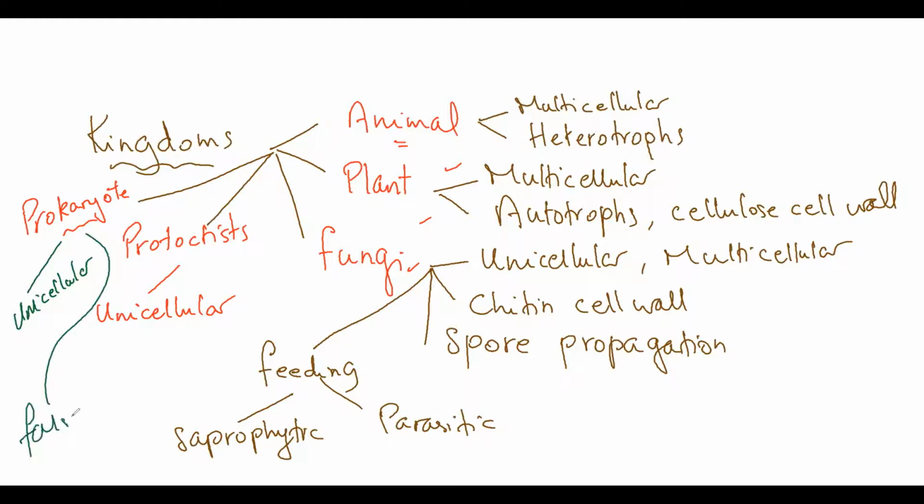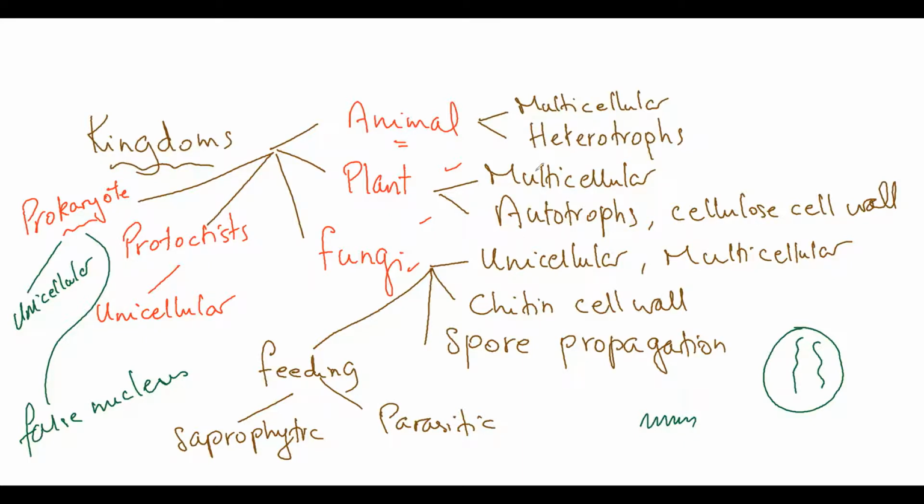False nucleus. Because we know that the DNA molecule is surrounded by a nuclear envelope. So this is a true nucleus. In prokaryote, the DNA molecule is naked. It is without an envelope. That's why we say that prokaryotes have a false nucleus. It's not surrounded by an envelope.